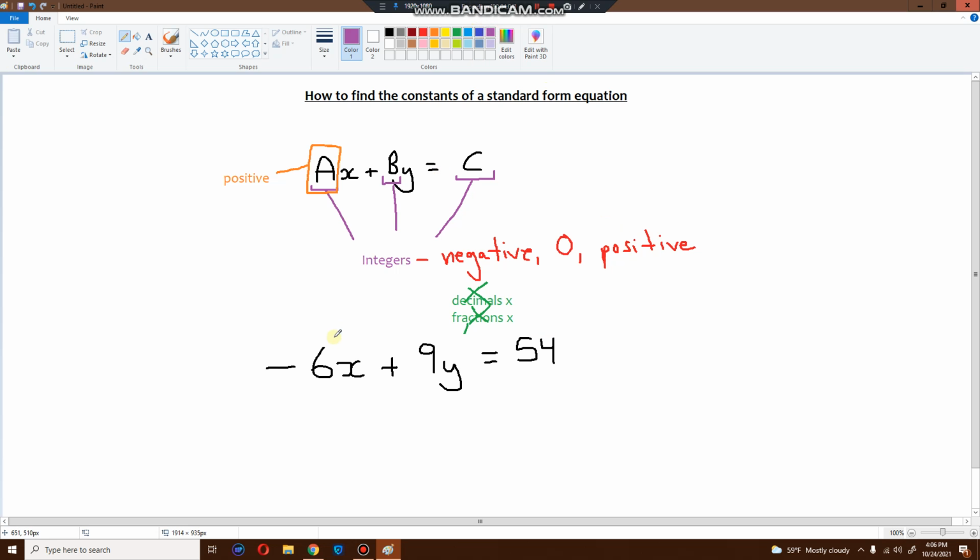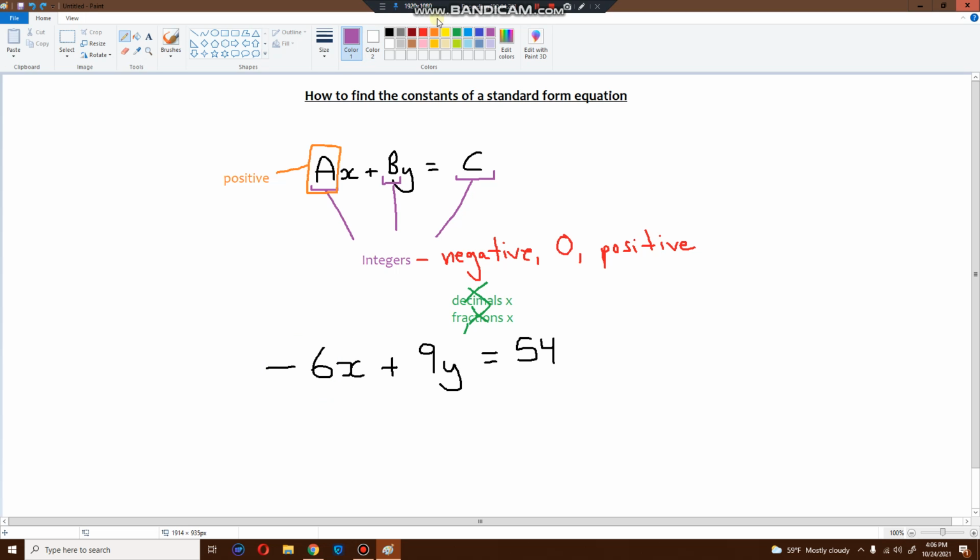As you can see, this number right here, the constant a, is a minus 6. And as before, I told you that the rule is that the a number always has to be positive. So minus 6 is not acceptable. I cannot accept that as a constant. I need to get rid of this minus sign.